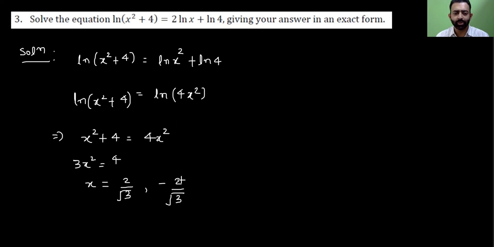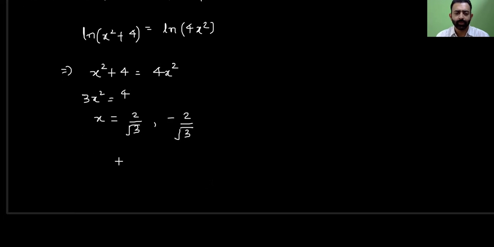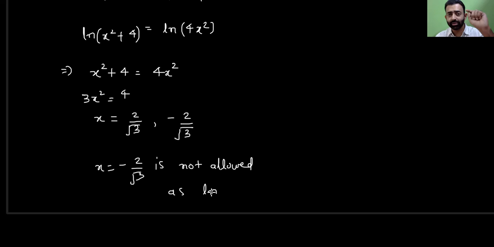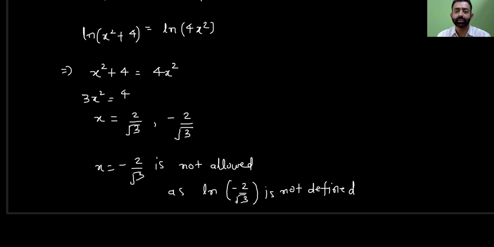So x equal to minus 2 by root 3 is not allowed, as log of x, which is in the original question as 2 log x in the RHS, ln of minus 2 by root 3 is not defined. You have to mention this in your exam, right? You have to write x is equal to 2 by root 3 only.